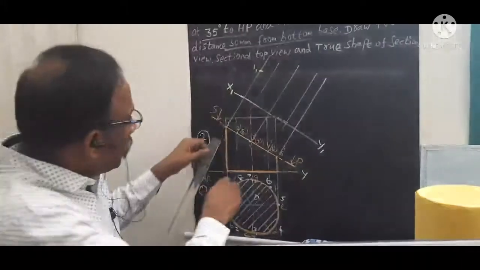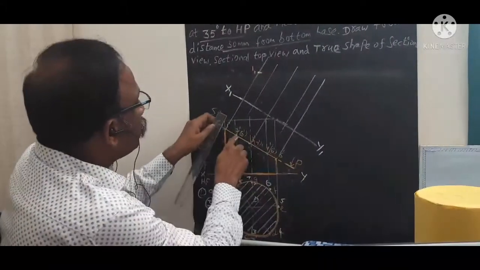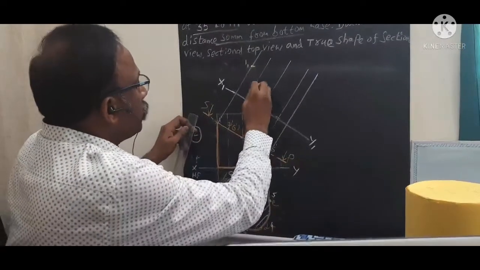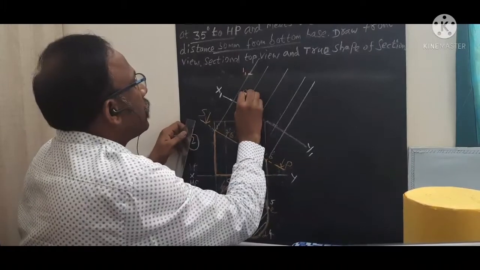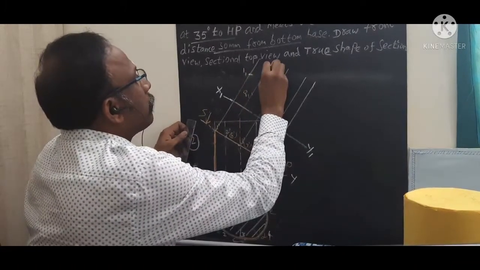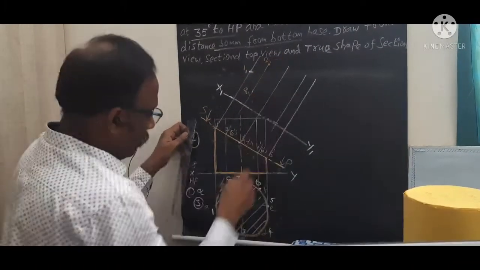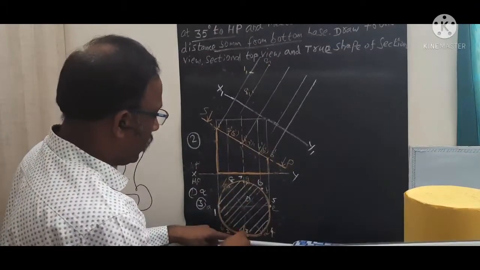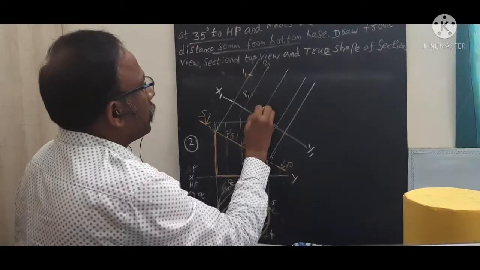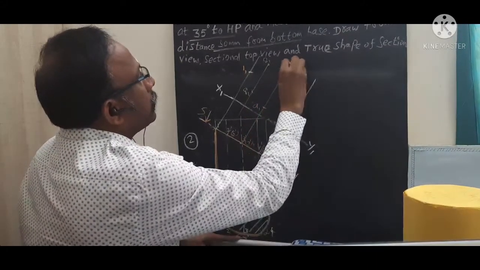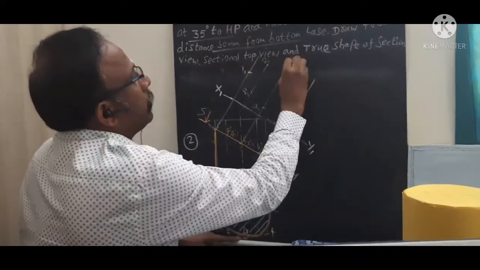Similarly, from the 2 dash and 8 dash points, mark this as point 8 1 and this as point 2 1. Similarly, you can measure this point and mark this as the point corresponding to 3 1.